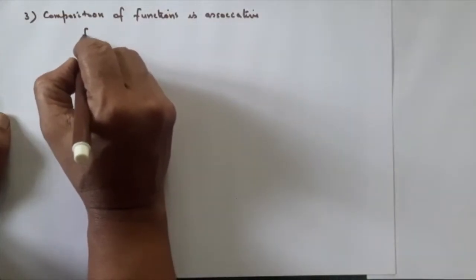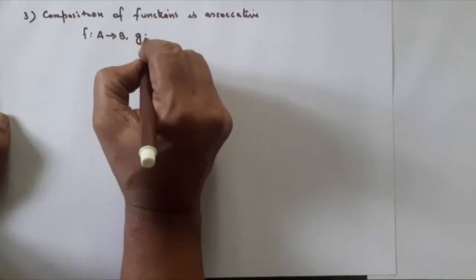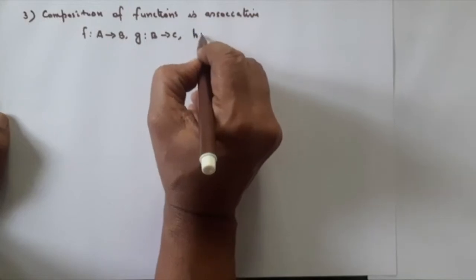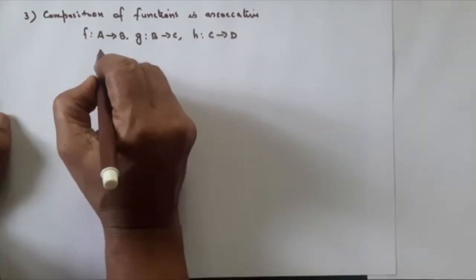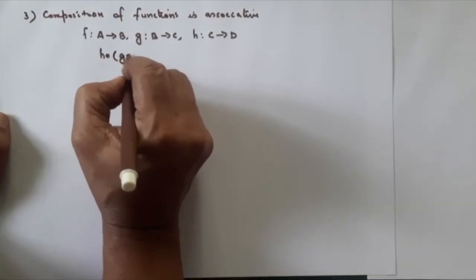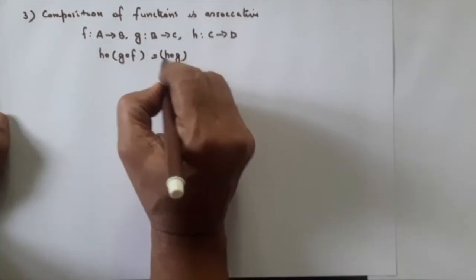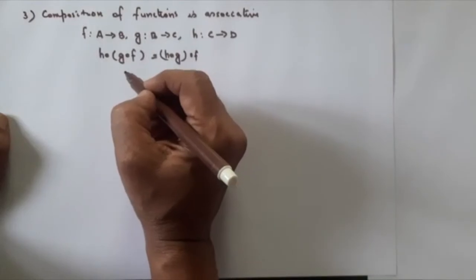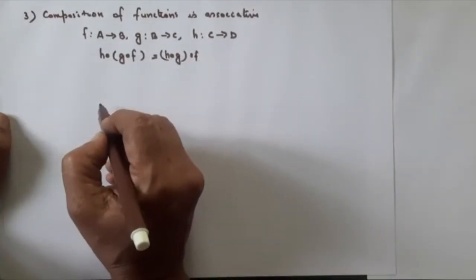Let us consider this function f from A to B and g from B to C and h from C to D. Then h dot (g dot f) equal to (h dot g) dot f. This is the meaning of associativity of composition of functions. Let us prove this.